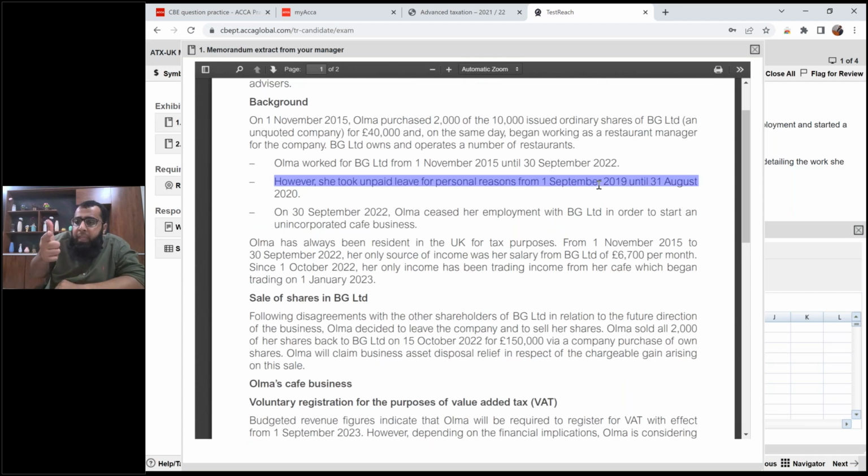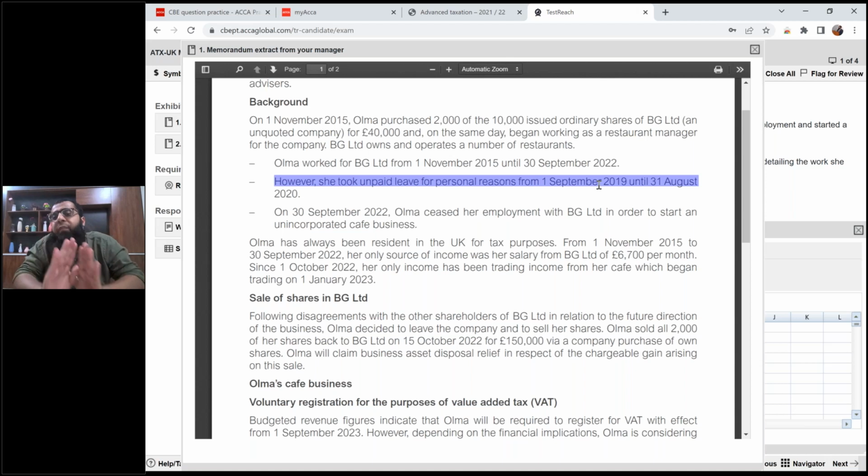April, May, June, July, August. How many months? 5 months.